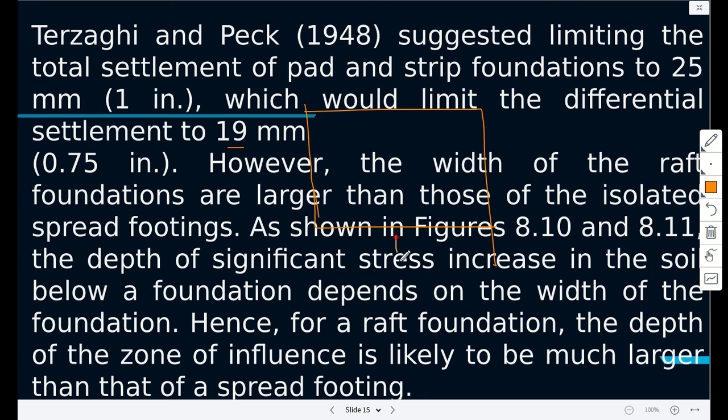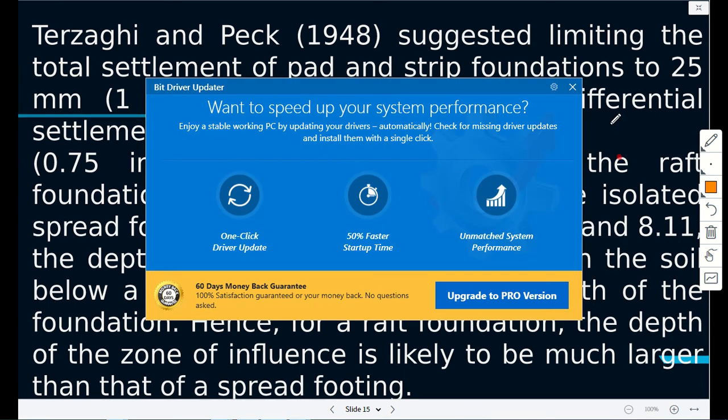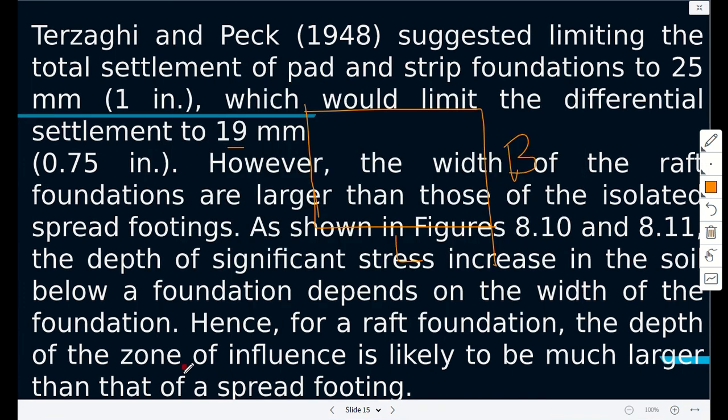So basically, you find the length and the width, which is the breadth, is very high. As shown in the figures, the depth of significant stress increase in the soil below the foundation depends on the width of the foundation.